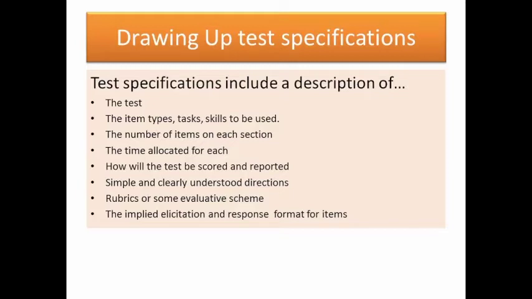So you need to have all these elements so that you could devise the test or revise it, or someone else might do that later on, because this is like a recipe. So you need to keep all these elements in mind.